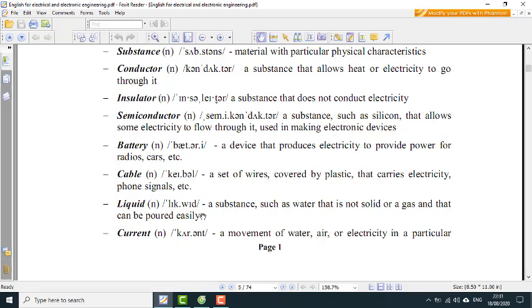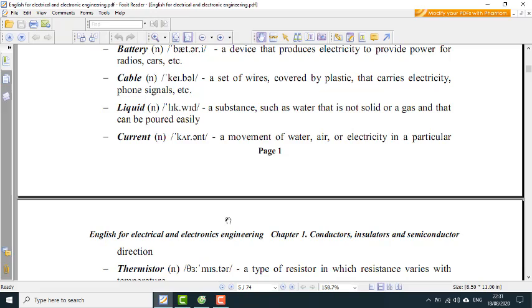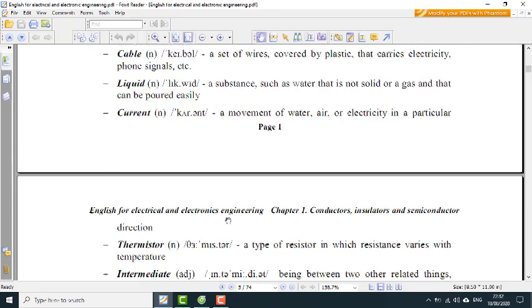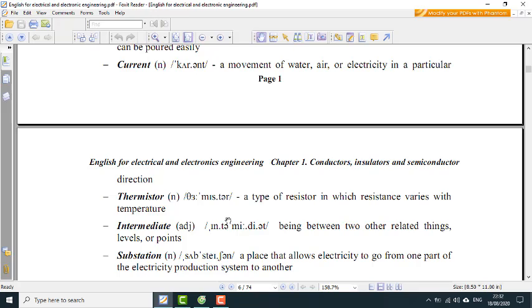Liquid means a substance such as water that is not a solid or a gas and that can be poured easily. Current. Current means a movement of water, air, or electricity in a particular direction. Thermistor. Thermistor means a type of resistor in which resistance varies with temperature.